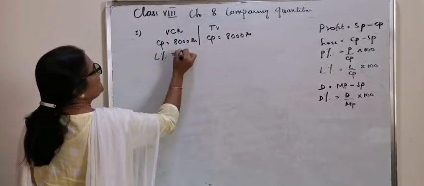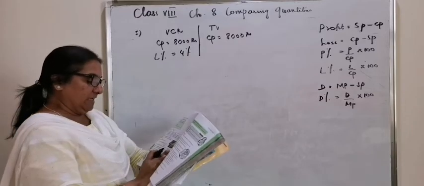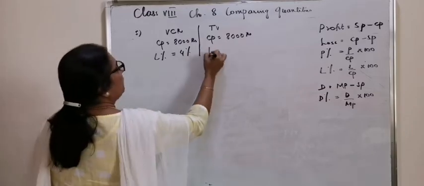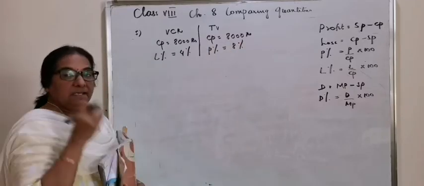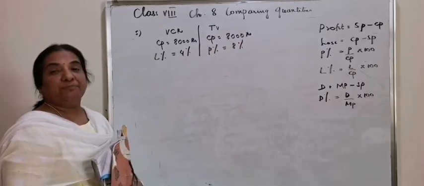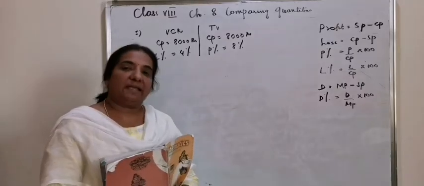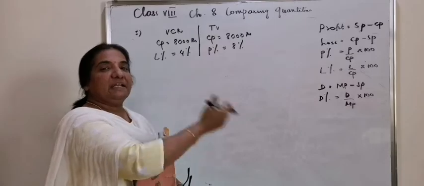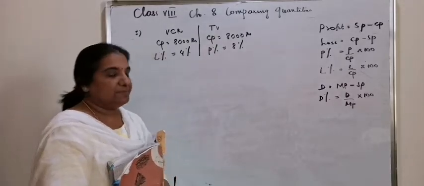Loss percent is equal to 4%, and for the TV he made a profit percent of 8%. In the total transaction, what is the gain or loss percent we have to calculate? That means separately we have to calculate the selling price of the items.